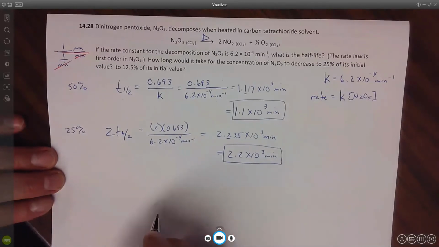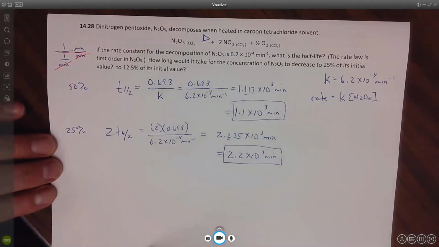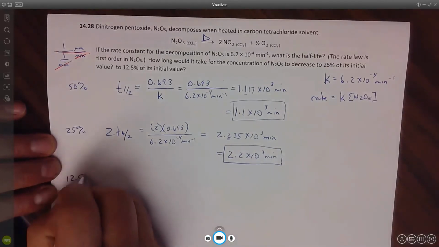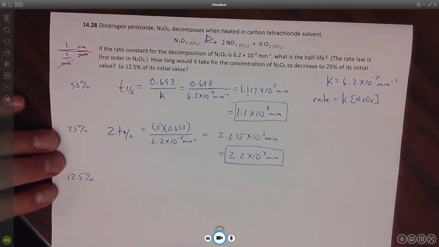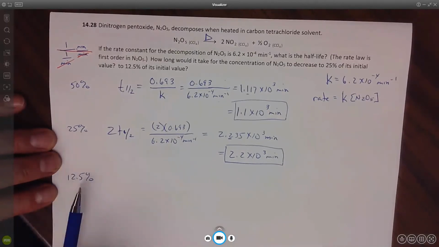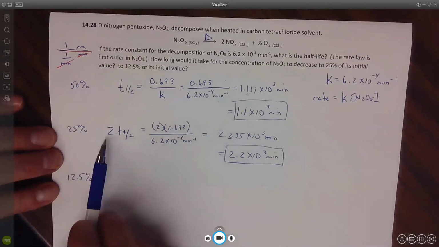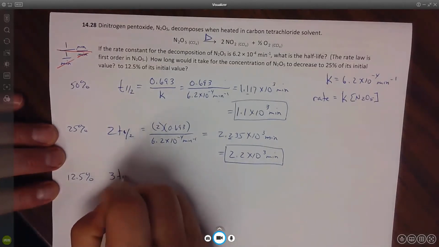So Kayla, what would I do if I want to go to 12.5% of the initial value? Wouldn't you just take the half-life of the 2.2 times 10 to the third? Yeah, half of that is 12.5. It's basically 3 half-lives, so it's just 3 times the half-life.